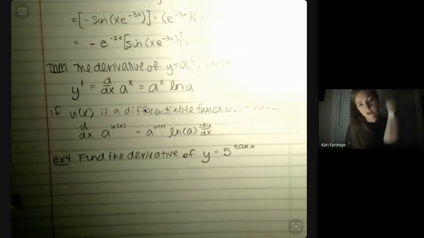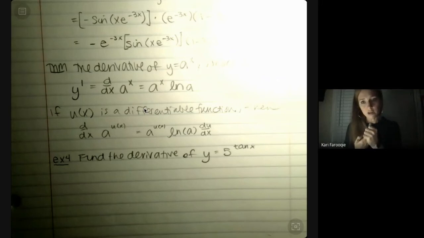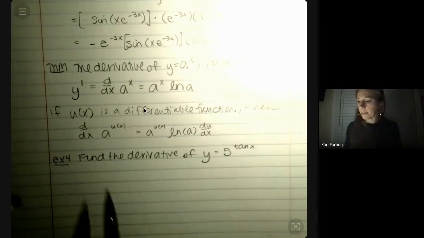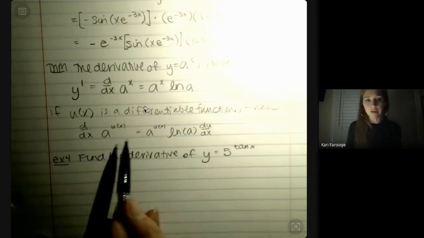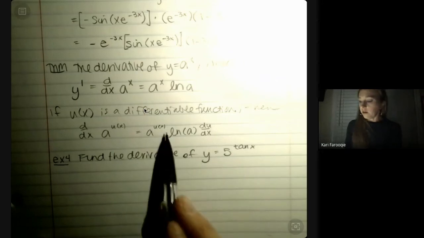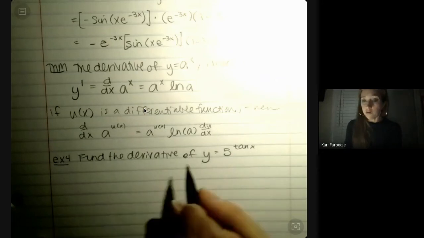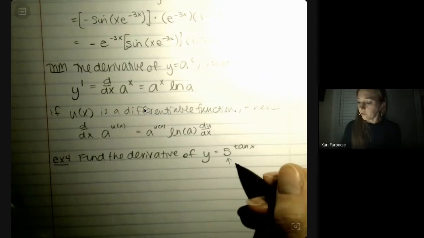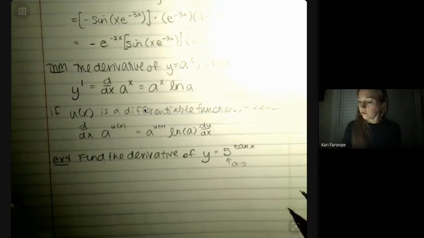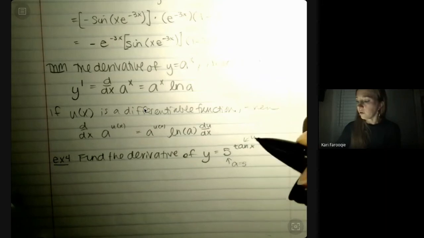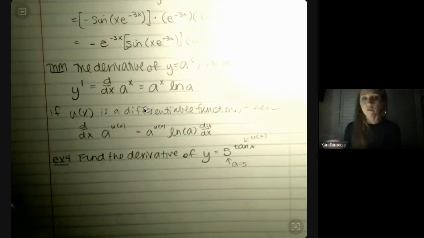So this is an exponential function. The base is not e, the base is a. It's a real number that's not equal to 1, and it's positive. All right, so we're following this rule. First, we're going to take a to the u, which in our case, a is 5. I know we're not used to seeing these. So a is 5, and then tangent of x will be our function u of x.